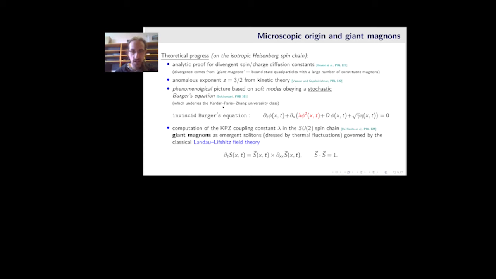And afterwards, so then this exponent, there was an argument how to get it out. But the belief was that there is KPZ universality underlying all these phenomena. So the question was how to explain that. And then for this basic model of the Heisenberg spin chain, there was a proposal by Bulchandani on how to actually get to the noisy Burgers equation, which is written over here, from the microscopic equation of motion of the Heisenberg model.